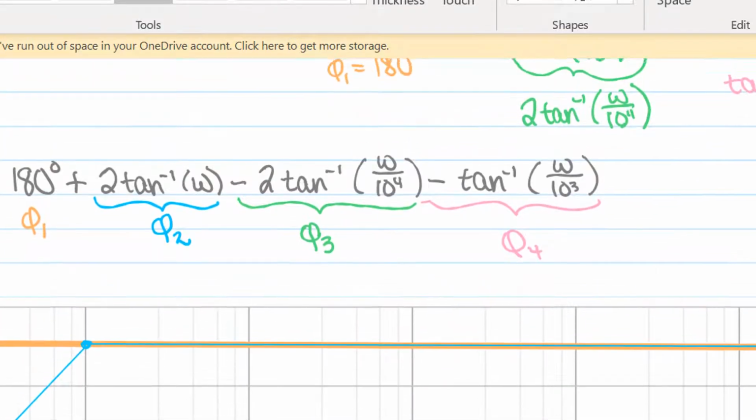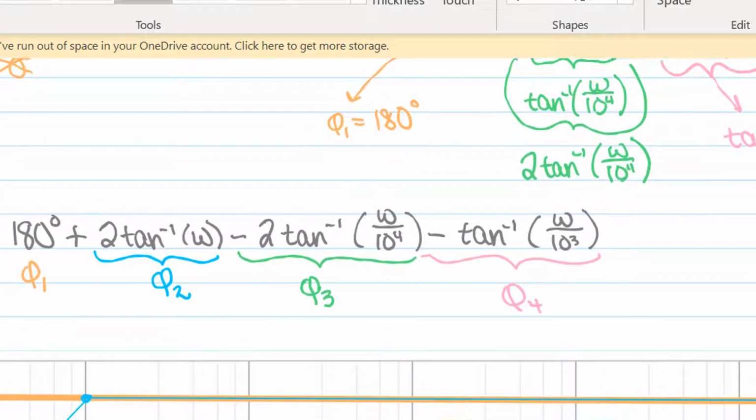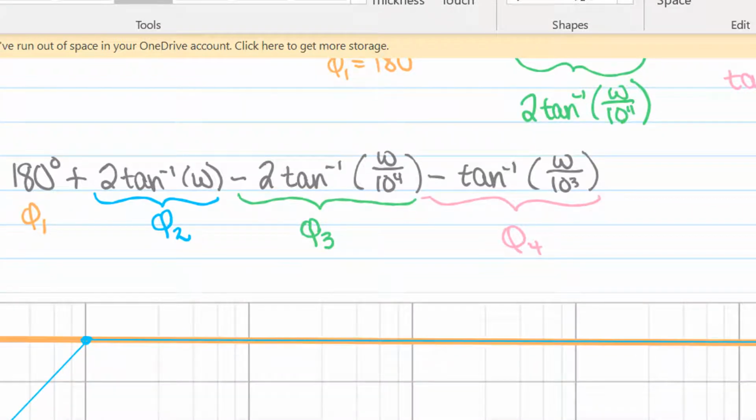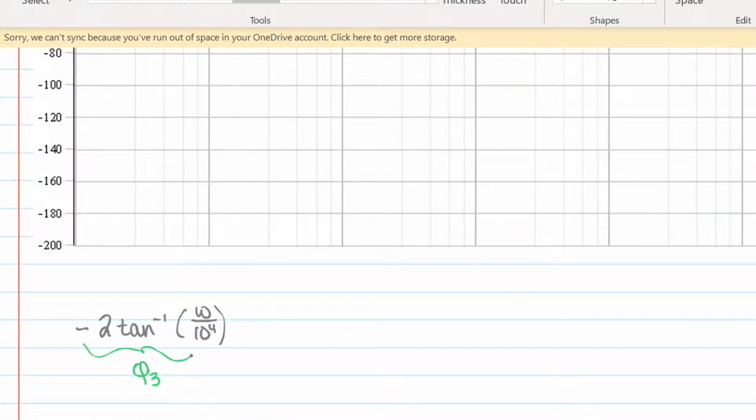So now I want to look at phi sub 3. I'm going to just do it under the graph. Okay, so phi sub 3. And that one's being multiplied by -2.